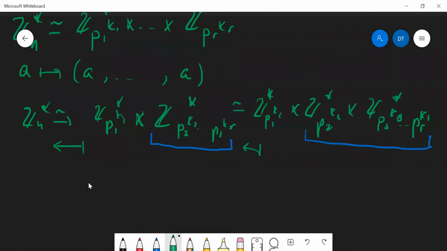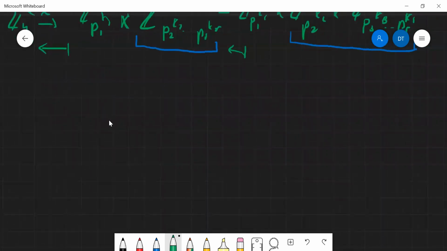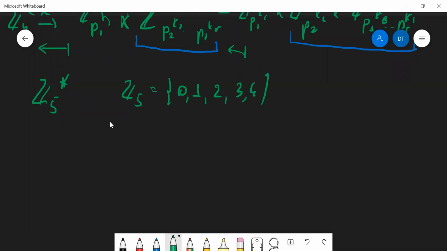Okay, so let's try to compute some generators for prime numbers. Let's discuss this first example, Z5 star. What are the elements of Z5 star? First of all, the elements of Z5 are 0, 1, 2, 3, and 4.